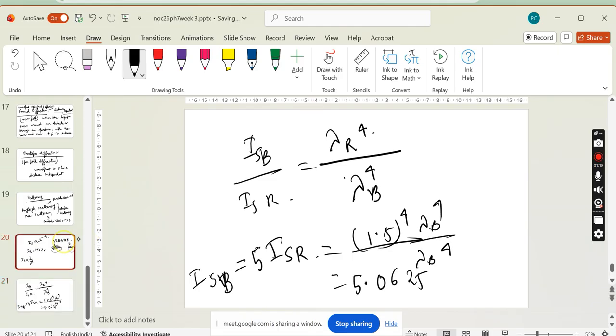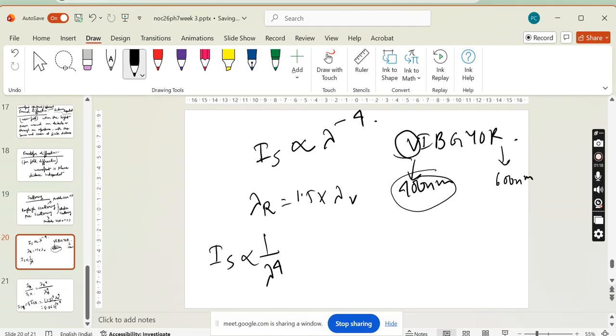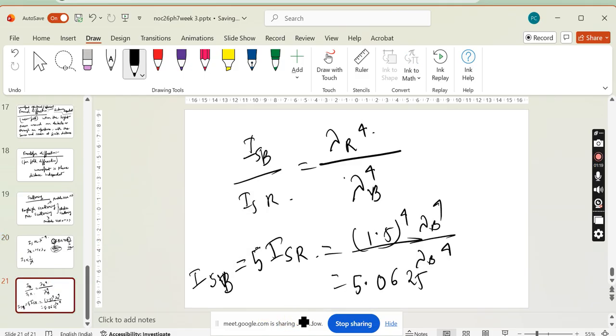If we give the actual wavelength values of violet and red, we are taking approximate values. So we can see that the scattering is 5 times less for the red wavelength than for the blue or violet wavelength.